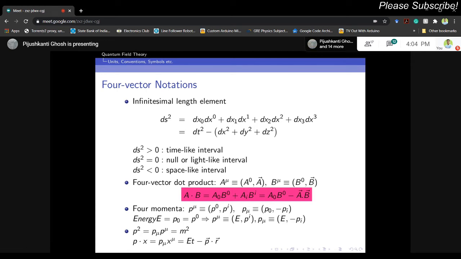P0 square minus vector P square, right? P0 square means E square. E square in natural units is p square plus m square. So p square from P0 square cancels with this and you are left with m square.